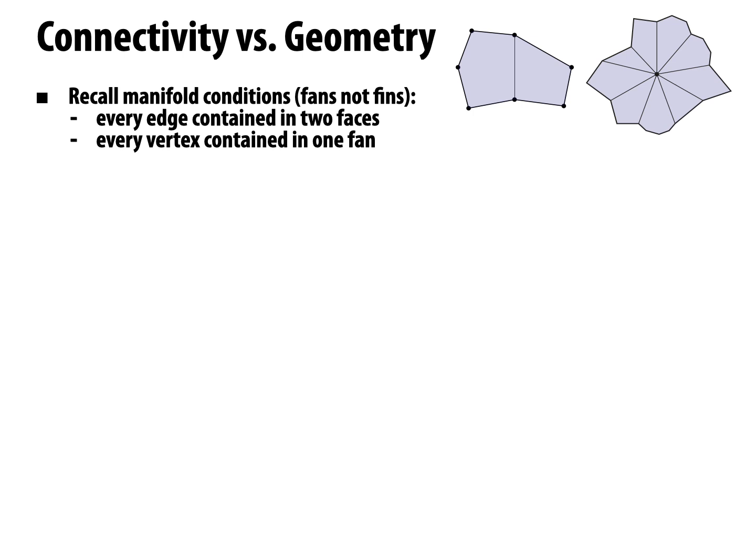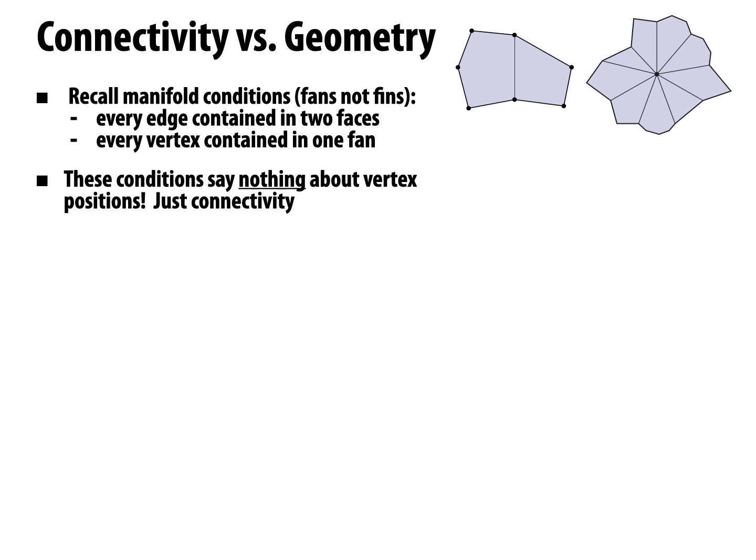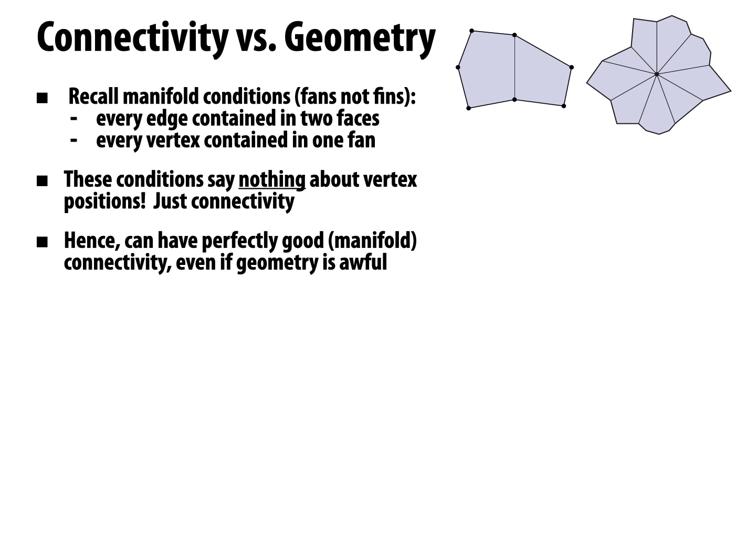We have fans but not fins. And the critical thing to notice about these conditions is they say nothing about the vertex positions. Neither of these conditions is a condition on the XYZ coordinates of your vertices. So you can have a perfectly good, correct, valid manifold connectivity for your mesh, even if the geometry is totally awful.